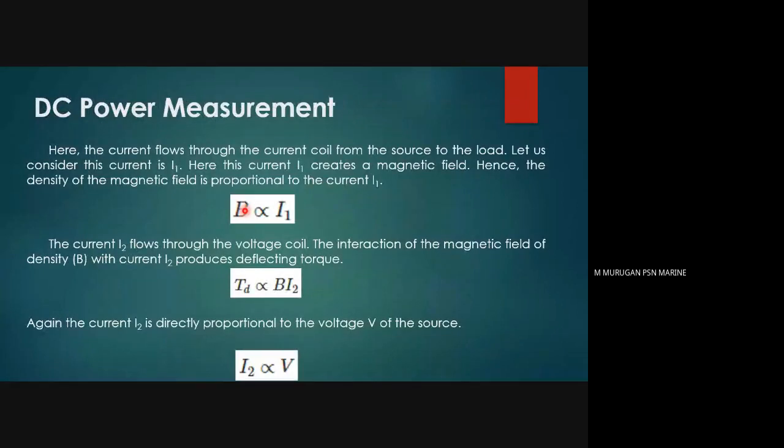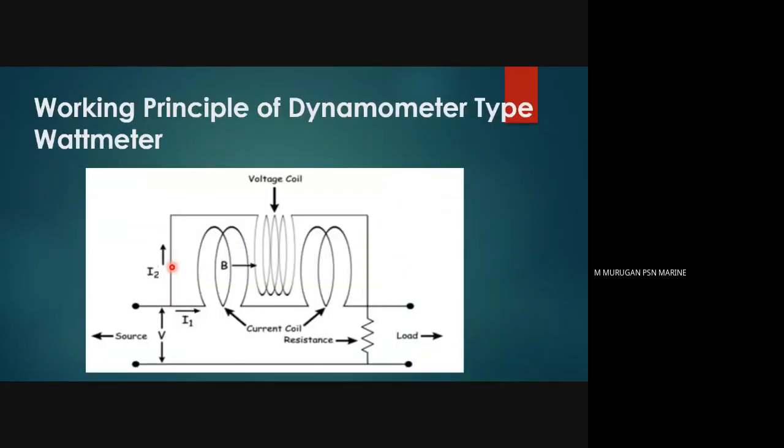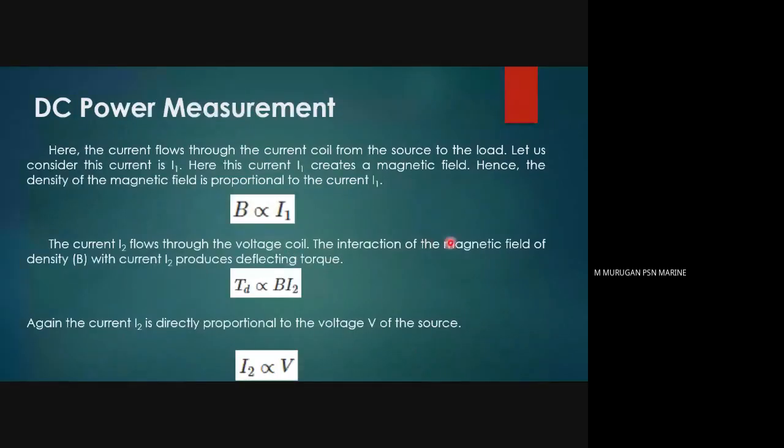Then we can write that the flux density B is directly proportional to the I1 current. Then the current I2 flows through the voltage coil. See the diagram, the current I2 is flowing through the voltage coil. The interaction of the magnetic field of density B with current I2 produces the deflecting torque.